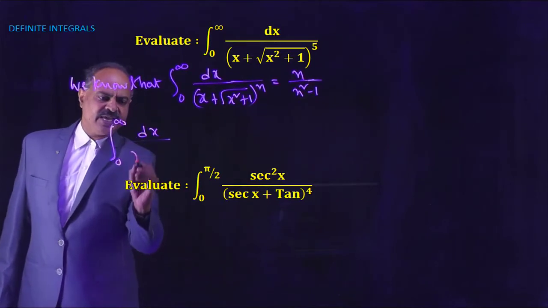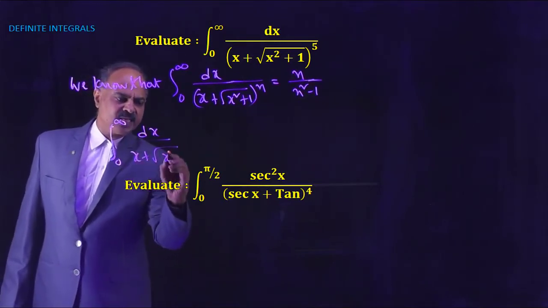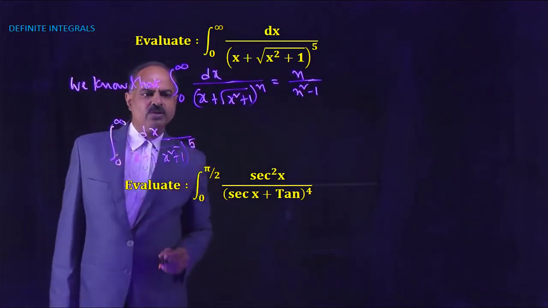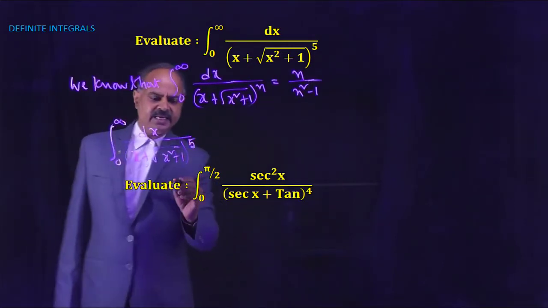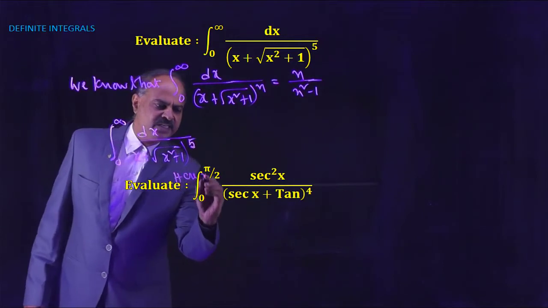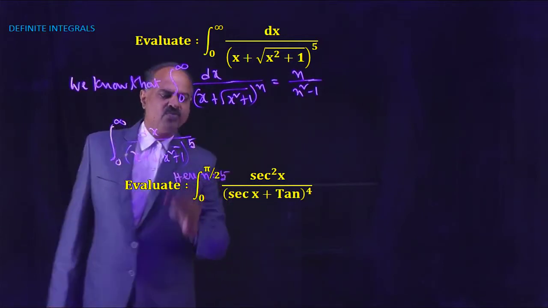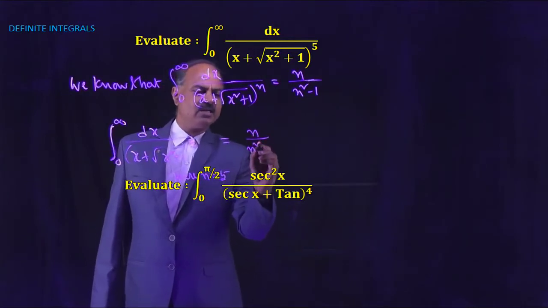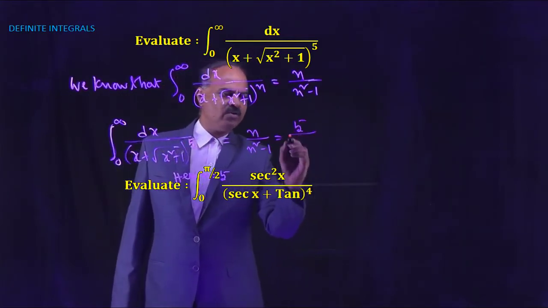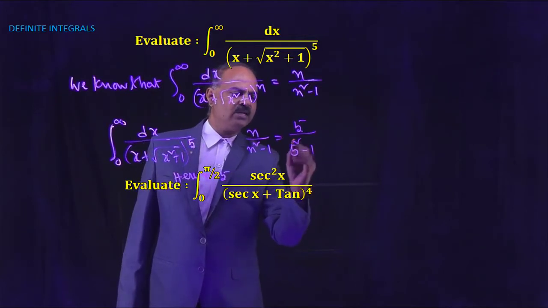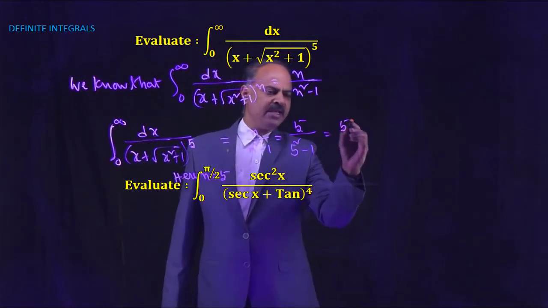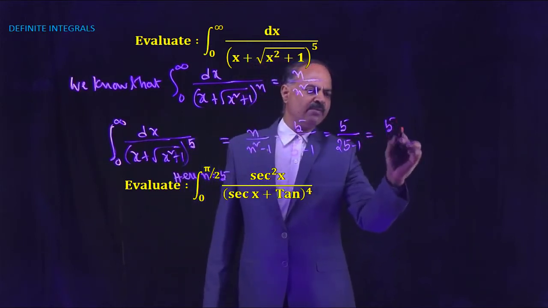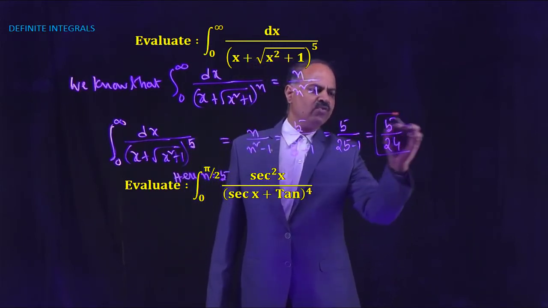Here n is equal to 5, and the formula is n by n square minus 1. So that is equal to 5 by 5 square minus 1, which is 5 by 25 minus 1, so that is equal to 5 by 24.